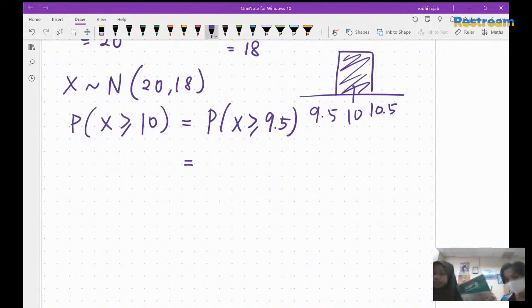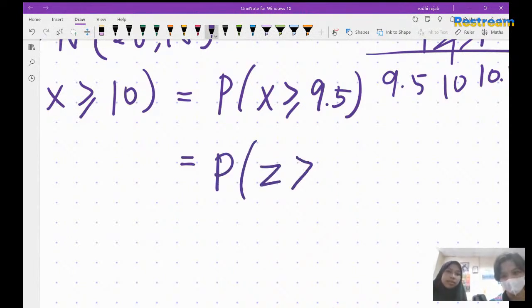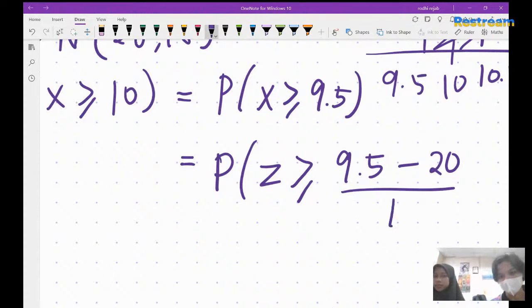Look at the table, the normal distribution table. No, we have to do Z first. So you're basically using P, Z. Z equals X minus the mean over the square root of the variance, 18. Yes, we need the square root.